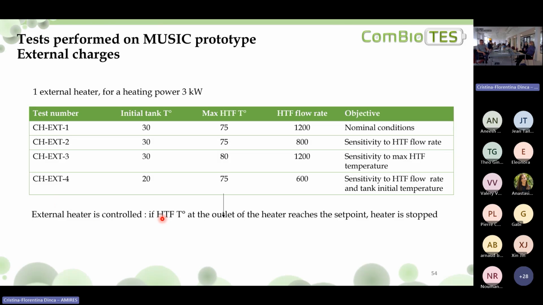If the temperature of the heat transfer fluid reaches a set point or a security temperature, the heater is stopped, but not the pump. We did some tests with different flow rates controlled by the pumps and with different temperature set points, 75 and 80 degrees.